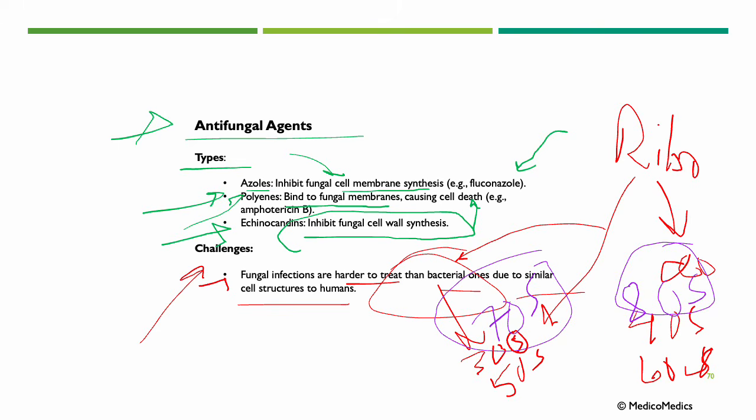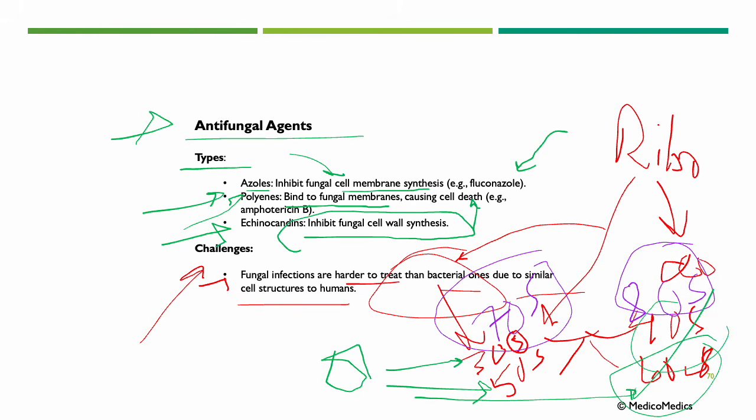This differentiation helps us in developing drugs to specifically target these different things without actually targeting human ribosomes or preventing human synthesis of proteins. Now, in fungi, this is a bit tricky because we don't have this same differentiation, so it is indeed harder to treat.